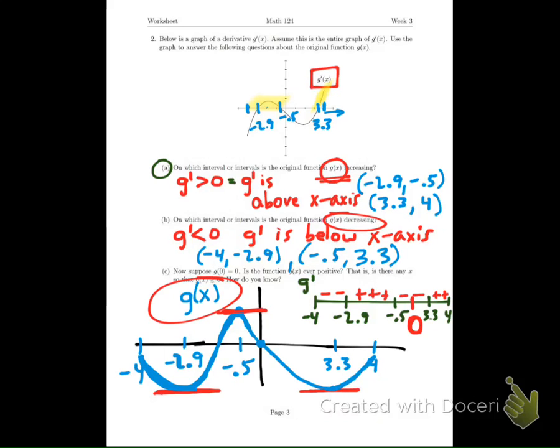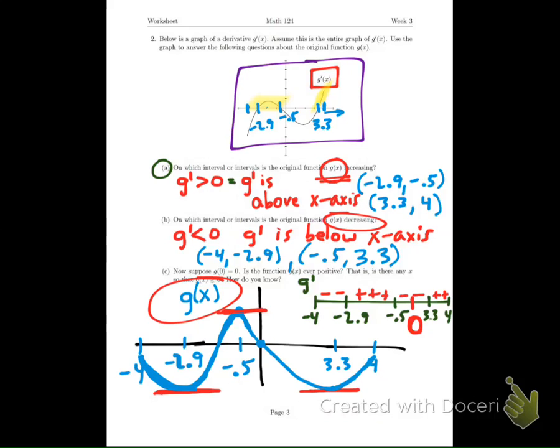If I were you and I was sitting there thinking, wow, I didn't really get that, I would go back through, cover up your entire solution that I just gave you, and then go way back to the original graph of g prime of x. Maybe walk away for a little bit, and then, like I said, cover up your solution and go back to g prime of x and see if you can figure out how to draw the graph of g of x.